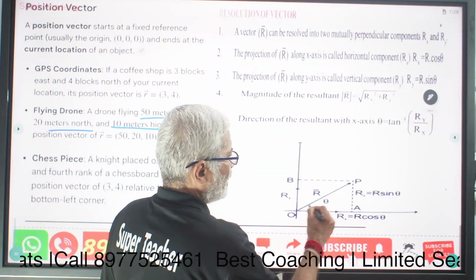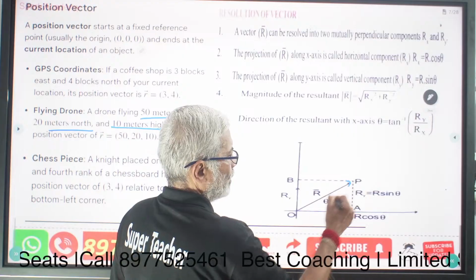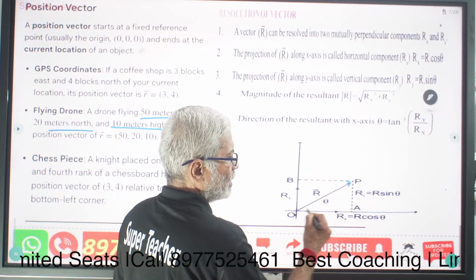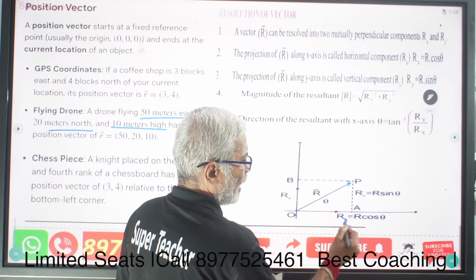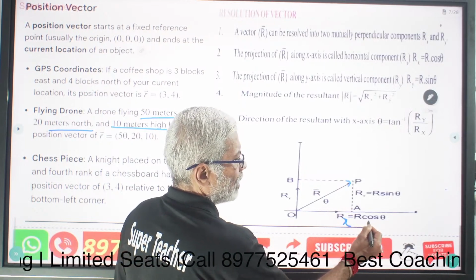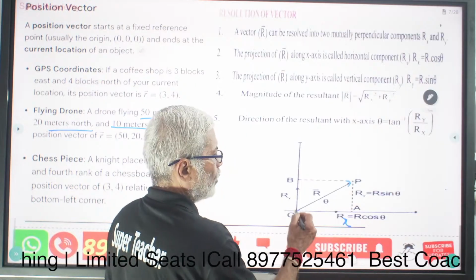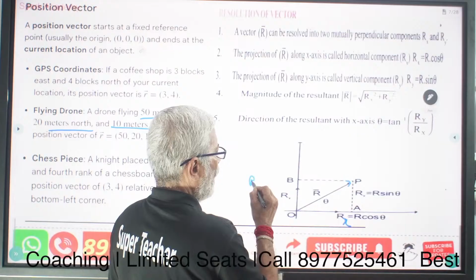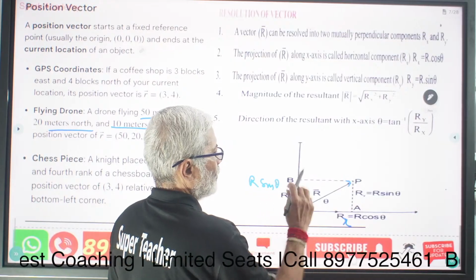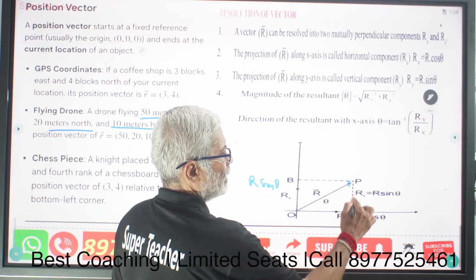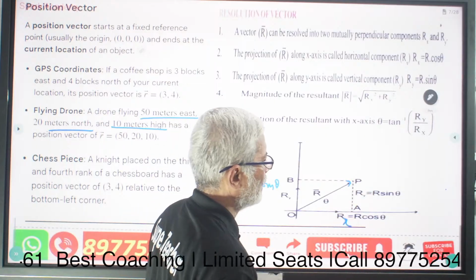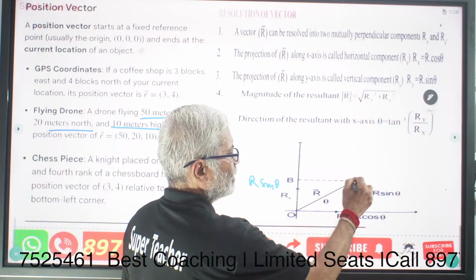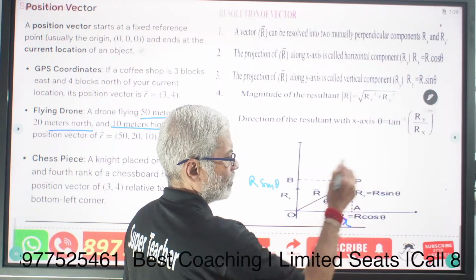Suppose this is vector r, the projection of r in the x direction is given by rx, which is r cos theta, and the projection of r in the y direction will be equal to r sin theta. And this is the magnitude, r resultant.